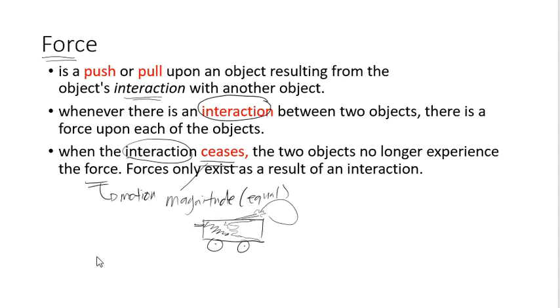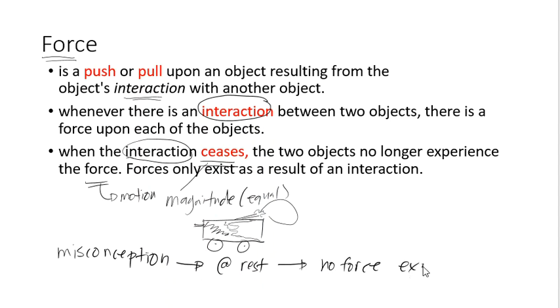But one common misconception is that for objects that are at rest, no force exists. That is a common misconception. So we're gonna find that out as we move into our lesson. So those are a few things regarding force.